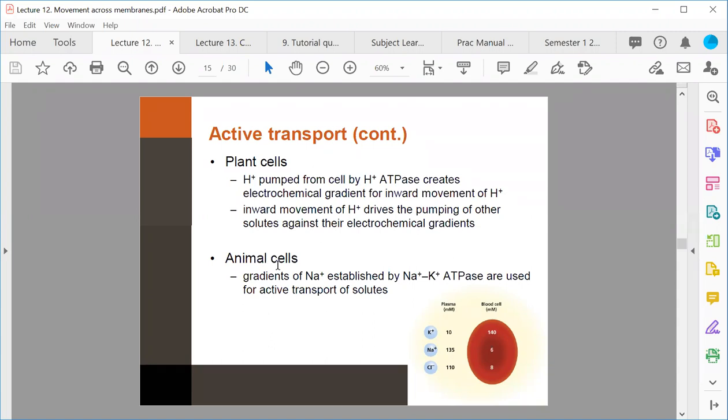Now, in animal cells, there's a similar system, but the ATPase that's most commonly used is the sodium-potassium ATPase. And remember this image from our first slide, we're going to look at how potassium is kept at a high concentration inside the cell, low outside the cell, and for sodium, the concentration within the cell is kept at very low amounts compared to the outside of the cell.